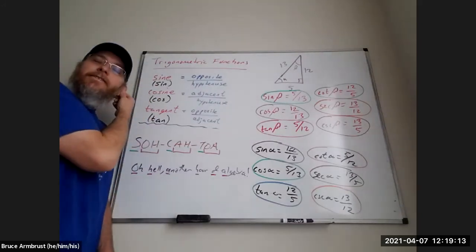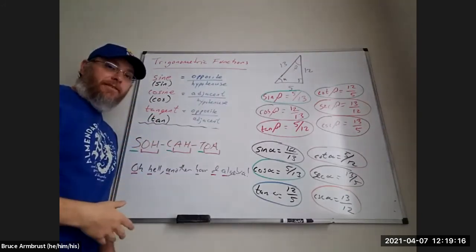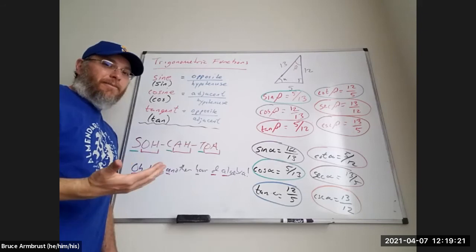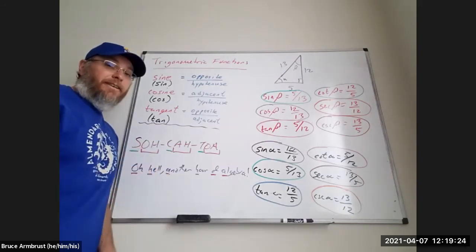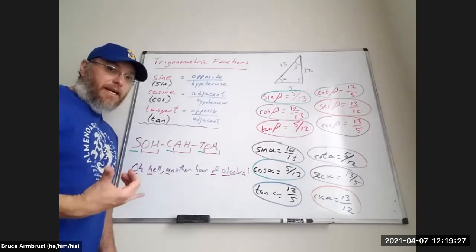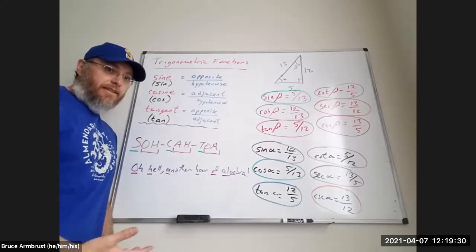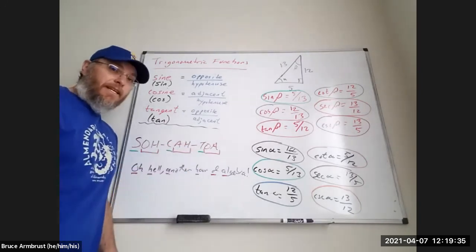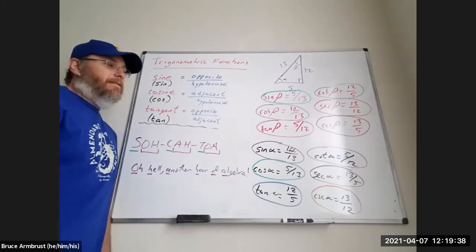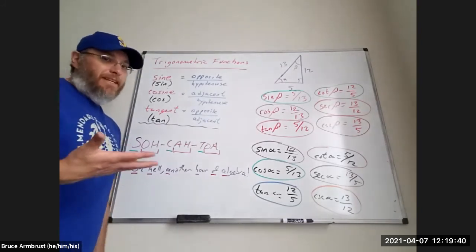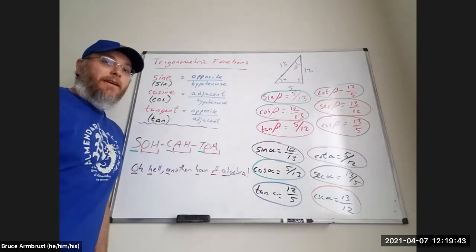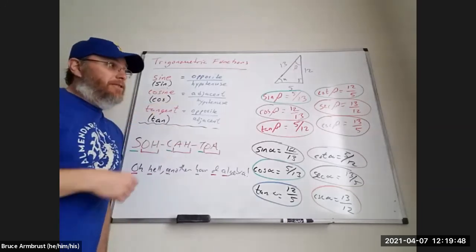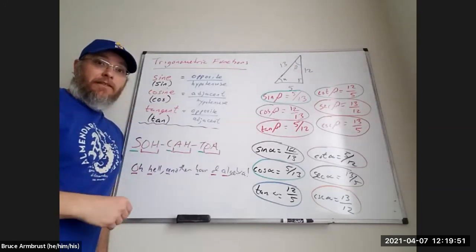So the fact that there were always co-functions, remember what co means? Like we were talking about coterminal, so they share, right? So sine and cosine, they actually share the same values. The sine of one is the cosine of the other in a right triangle. Okay, so interesting for sure, but by the way they were defined, it has to be true. It has to be true that in a right triangle, the sine of one becomes the cosine of the other.